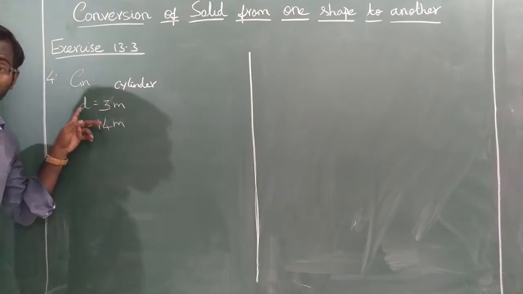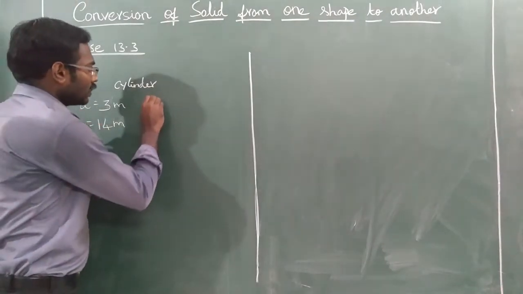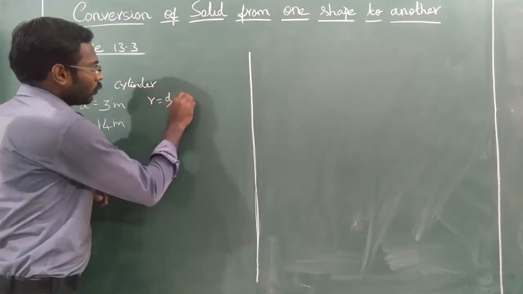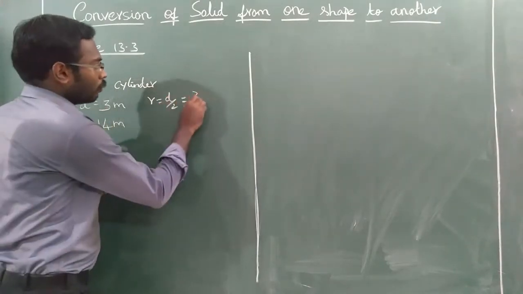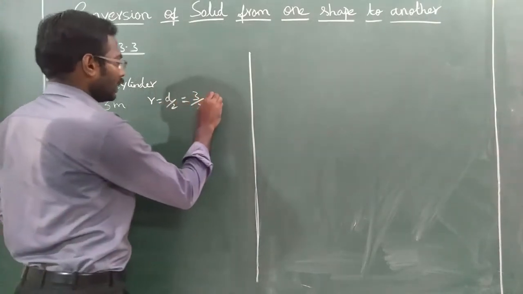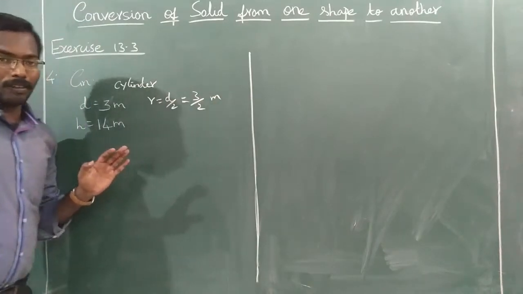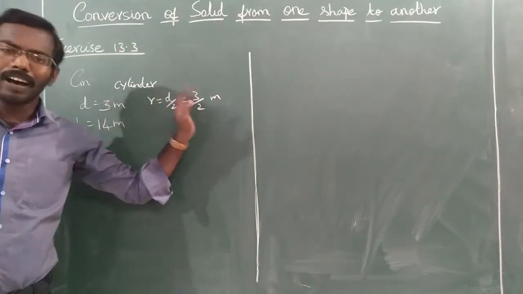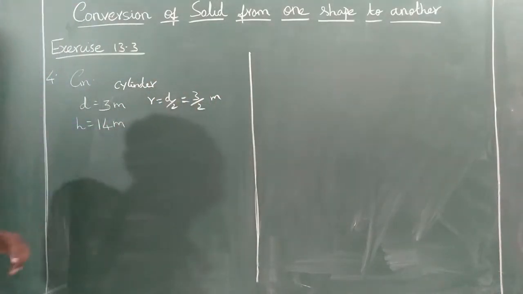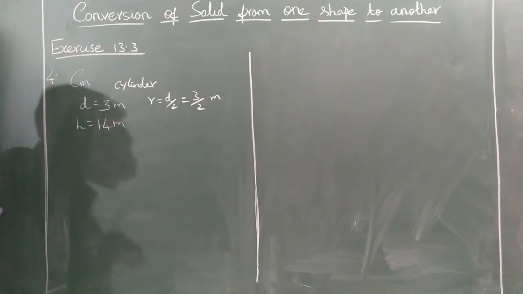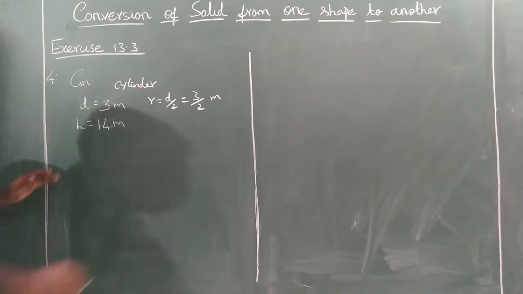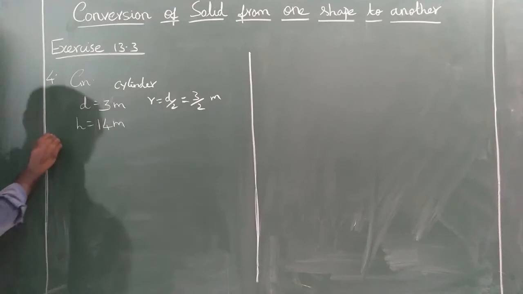So whenever diameter is given, you will find the radius. Radius equal to diameter by 2, that is equal to 3 by 2. Let us keep it as 3 by 2 meter. You can convert it to 1.5 or simply keep it as 3 by 2. Okay. Then height is given. Then what else is given? The width of the circular ring is given.